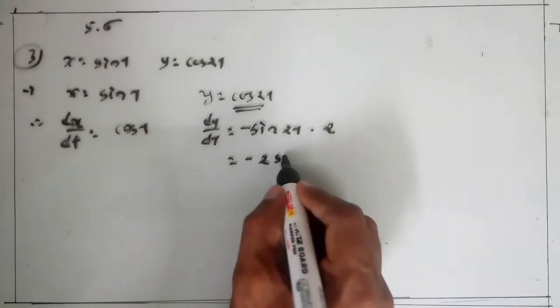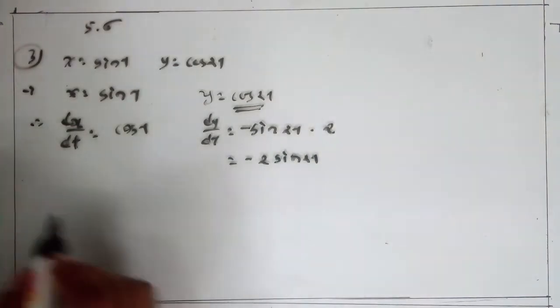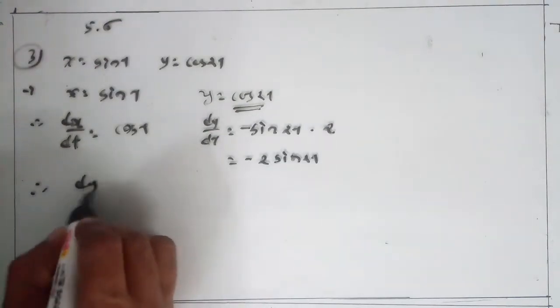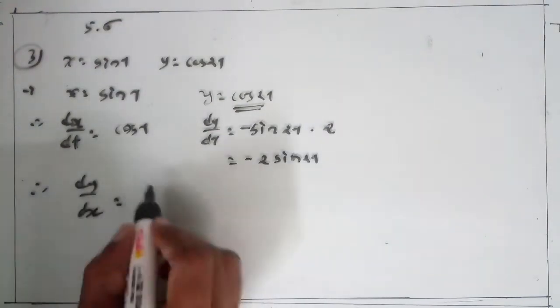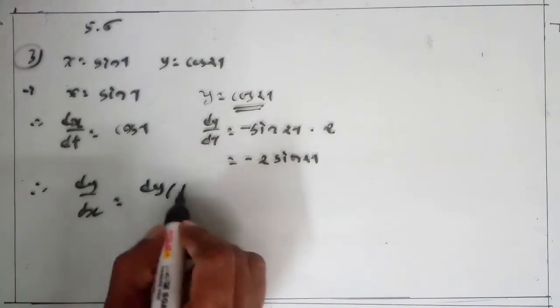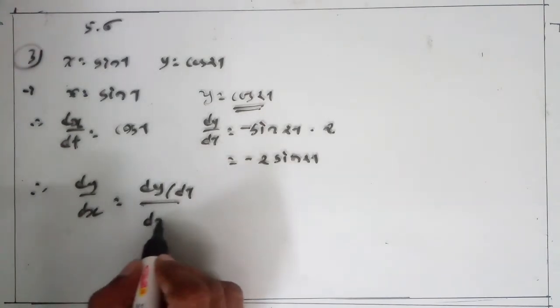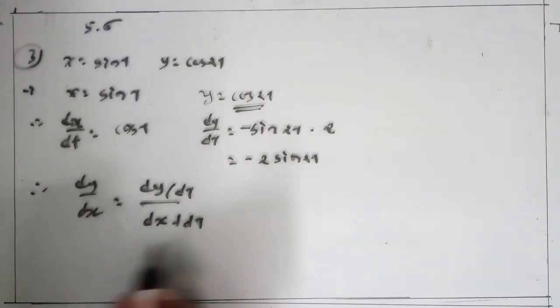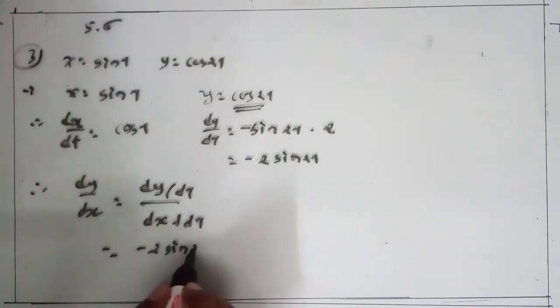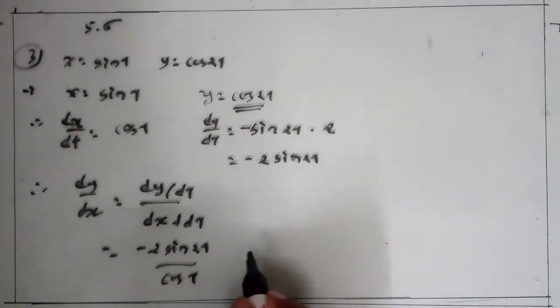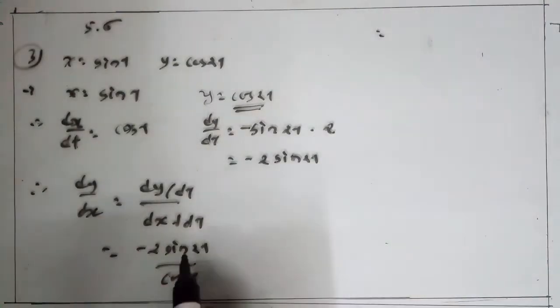sin 2t. Therefore dy/dx is equal to (dy/dt) upon (dx/dt). dy/dt is minus 2 sin 2t upon cos t. Now change into reduced form.